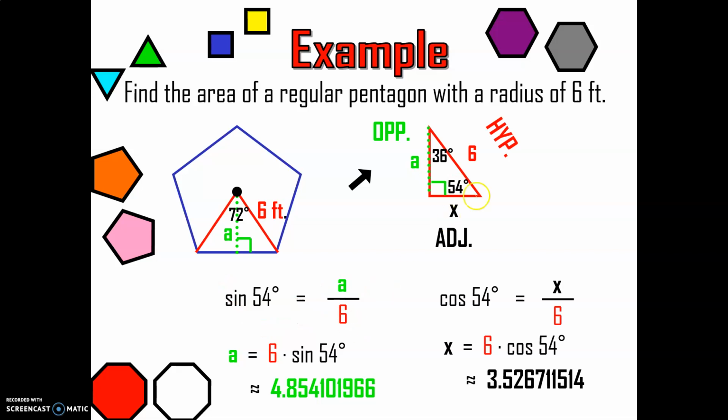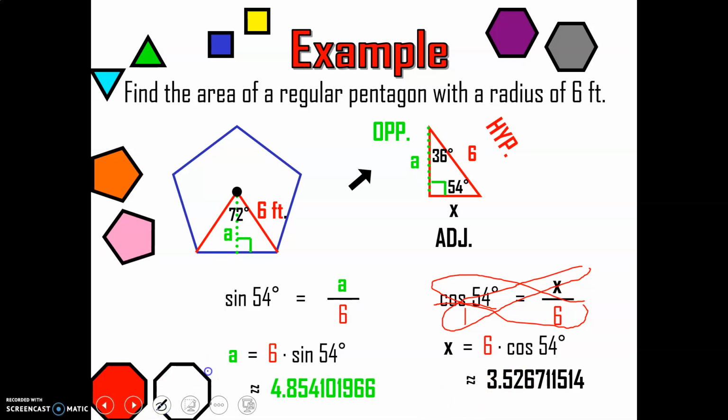Now for the value of x, or half of the side length, you should use a cosine ratio. Notice everything is the same about these equations except for your trig ratios, and of course the variable you are looking for. Cross multiplying results in x is equal to 6 times cosine 54, which gives us approximately 3.5267.